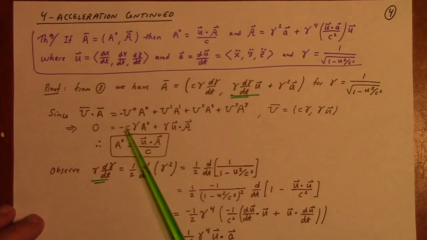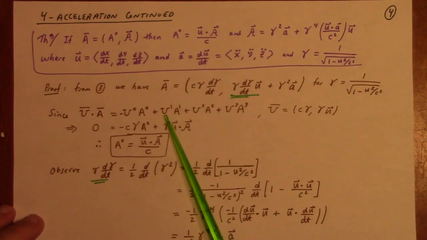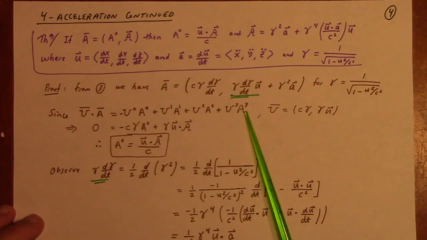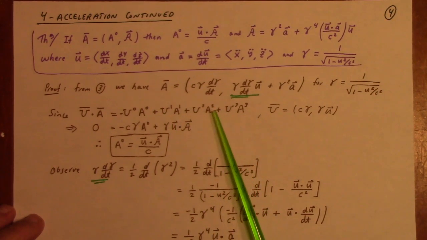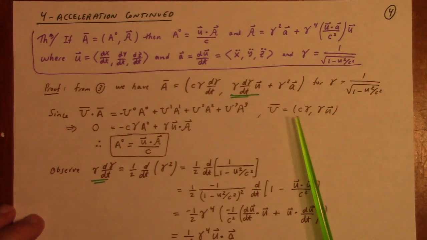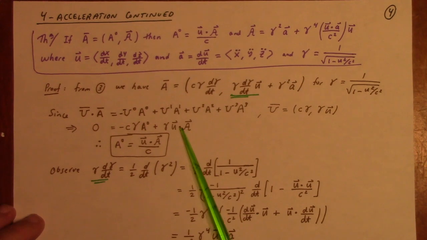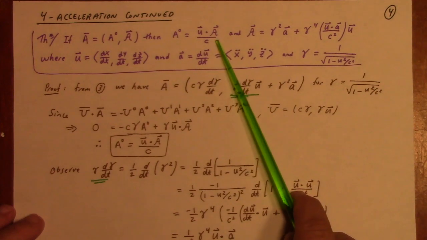And so that's equal to minus c gamma A0, and this is the dot product of the spatial part of the 4 velocity and the spatial part of the acceleration. There's a gamma because there's a gamma in the spatial part of the 4 velocity, remember? But there's a gamma on both pieces, so they cancel out when you solve for A sub 0, and you get u dot a over c. Lovely, that's half of the theorem here.